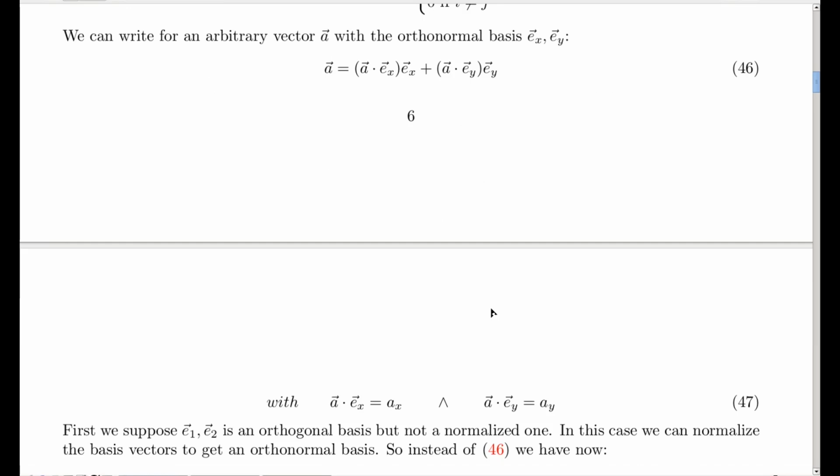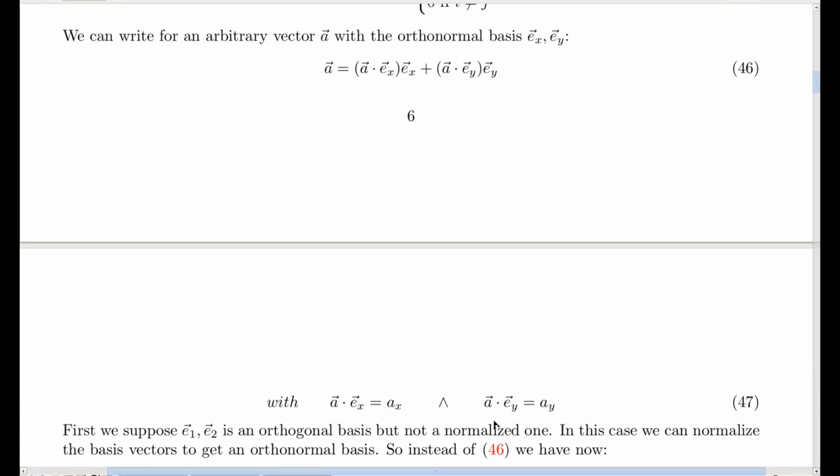We first suppose that E1 and E2 is an orthogonal basis, but not a normalized one. In this case, we can normalize the basis vectors to get an orthonormal basis.